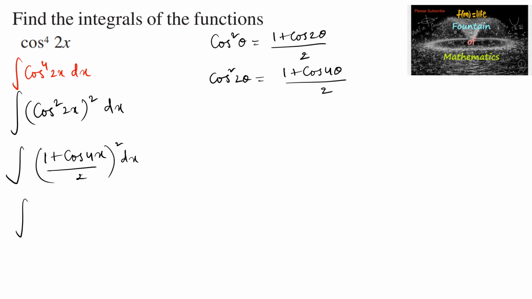On expanding we can write 1 by 4 times (1 plus cos square 4x plus 2 times cos 4x) the whole dx.